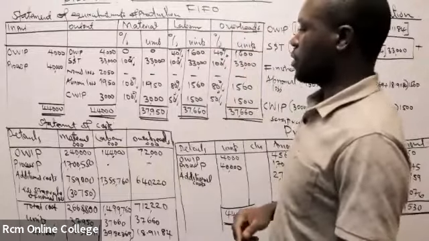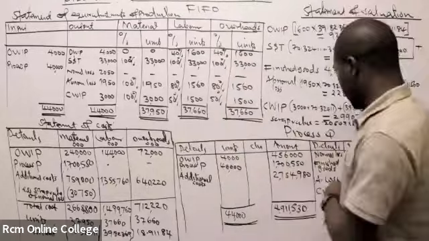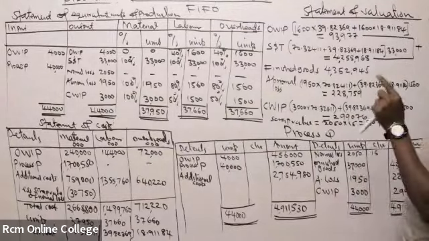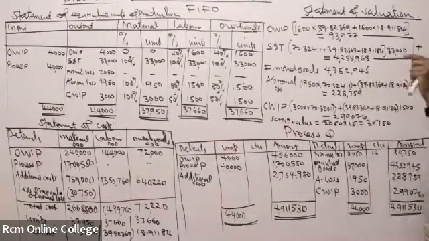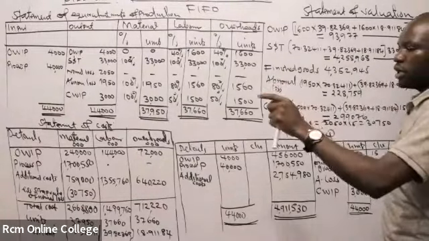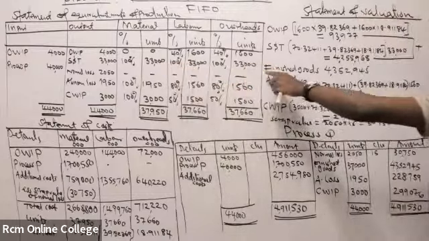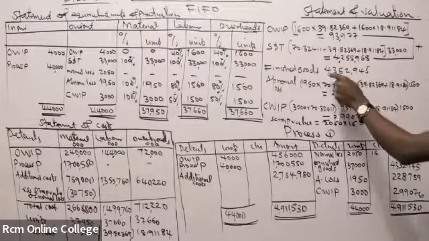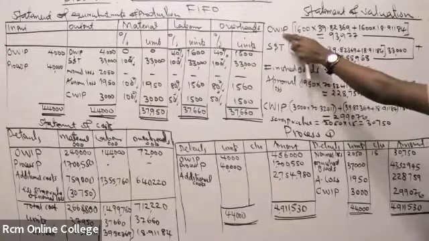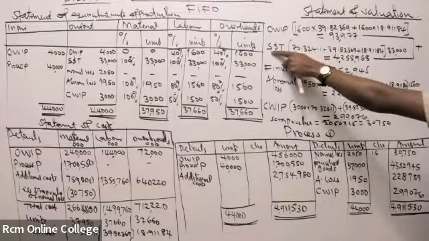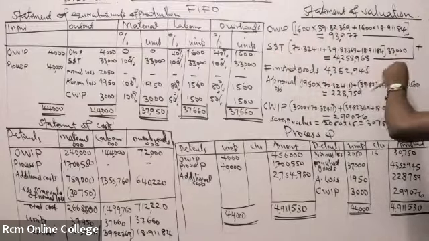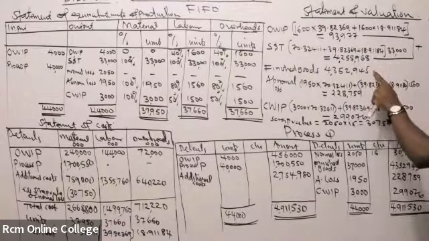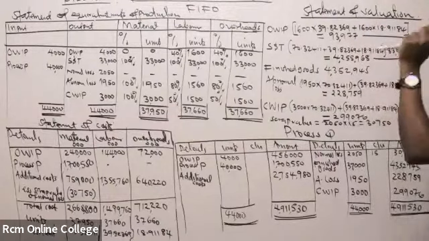Because of that rule, we now know that out of the 37,000 units, the remaining 33,000 represents what was brought in, the fresh raw material, which was converted into finished goods. As we do the valuation of finished goods, you value the opening work in progress separately. You value what was started and transferred separately. When you add the two, it gives you finished goods value. All in the power of the FIFO method.